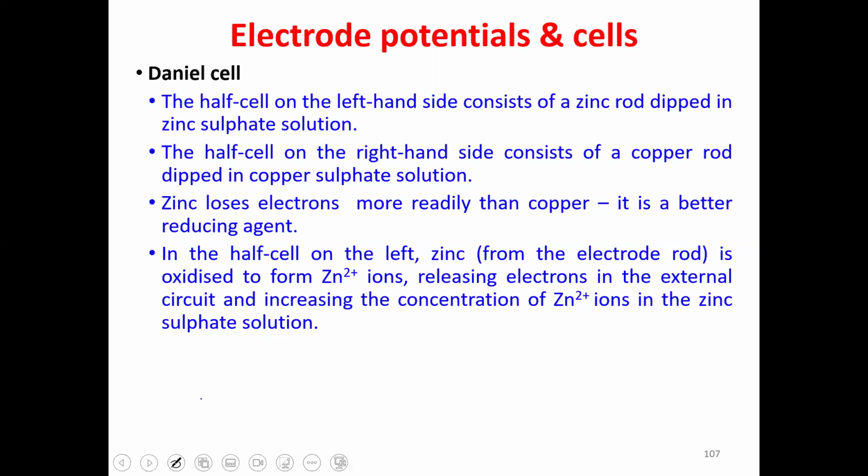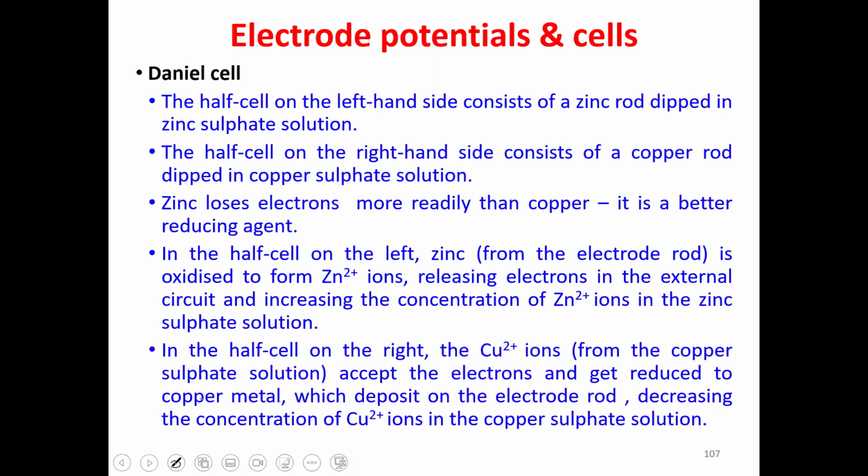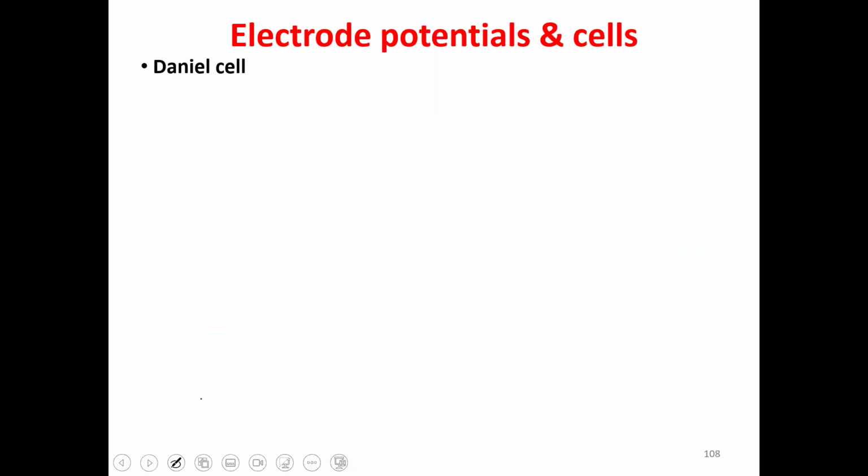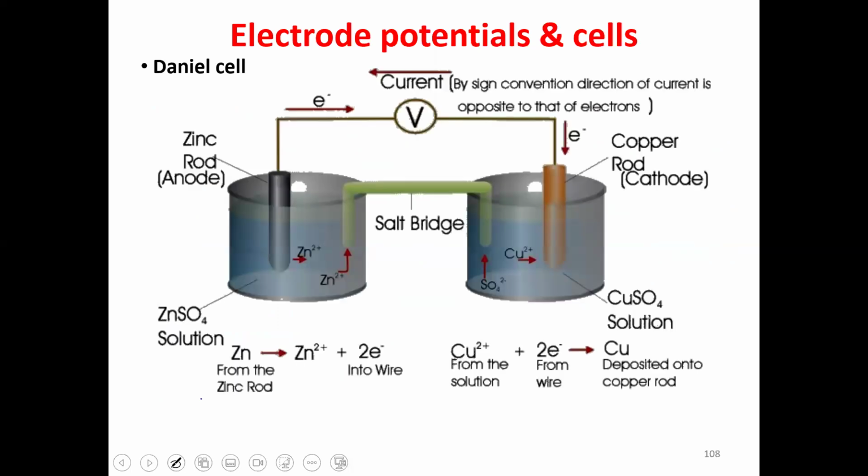How do we show this in the half cell? We show it by equation. Look at this. This is the most famous, conventional half cell. On the left side we have a zinc electrode and on the right side we have a copper electrode. See the motion of the electrons. Zinc rod is losing electrons while copper rod is gaining electrons. Zn goes to Zn2+ plus 2 electrons; Cu2+ plus 2 electrons goes to Cu.